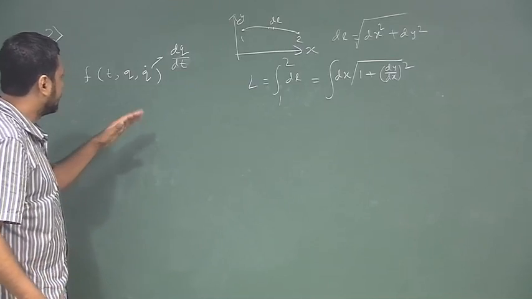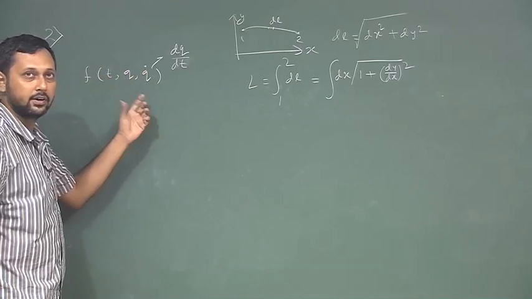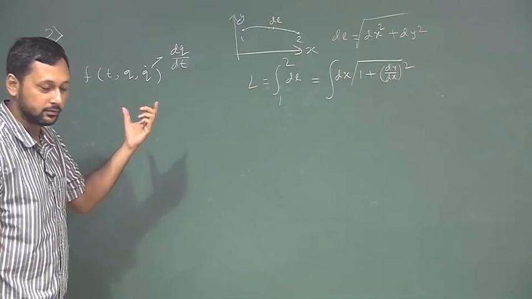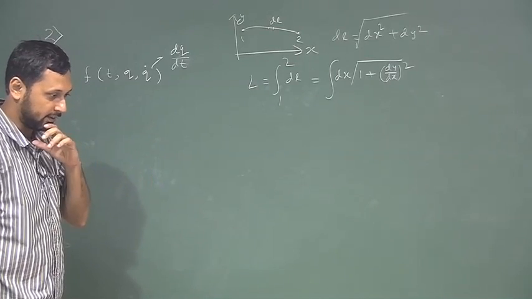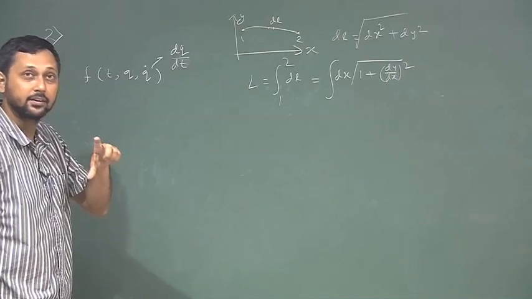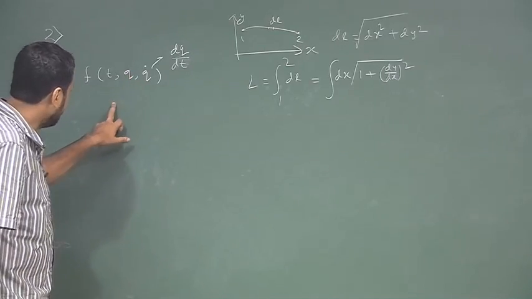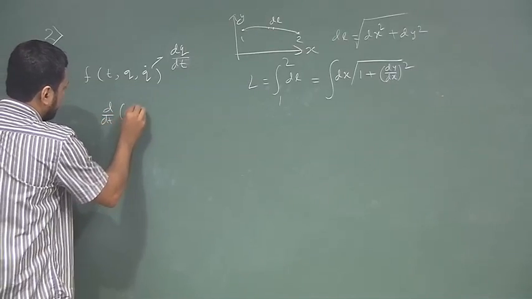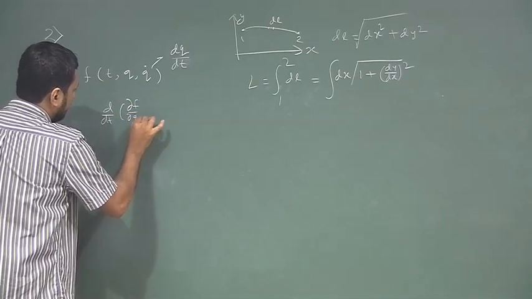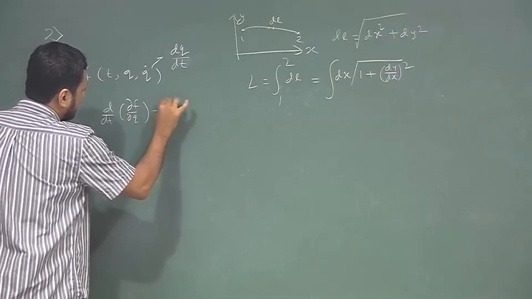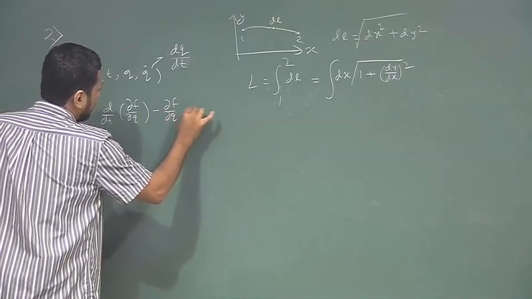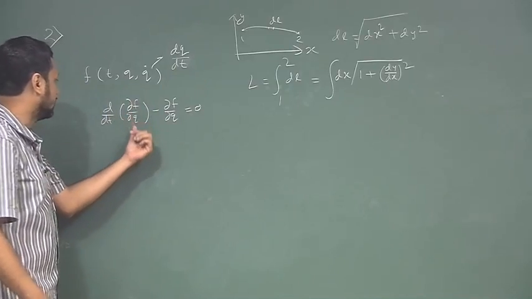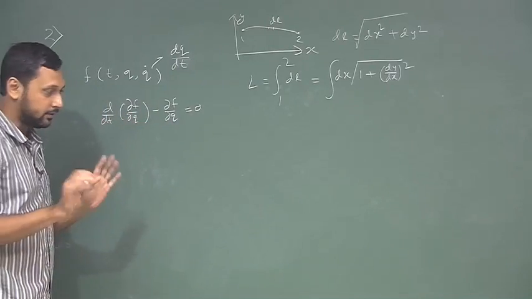We have proved that if we have to optimize the integral, or have a stationary integral, then it should follow the equation d dt of del f del q dot minus del f del q equal to 0. Of course, I can extend it to n number of parameters, q i and q i dot, that is not the point here.